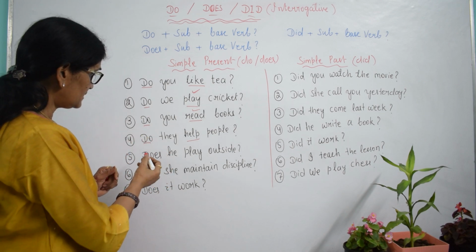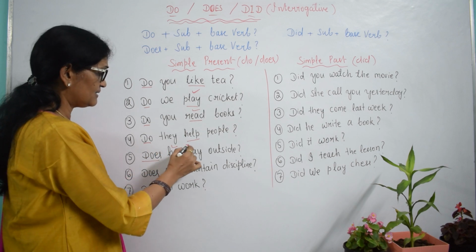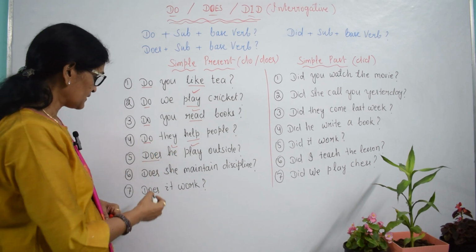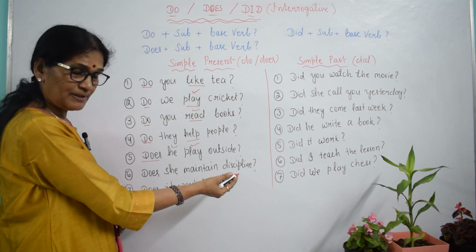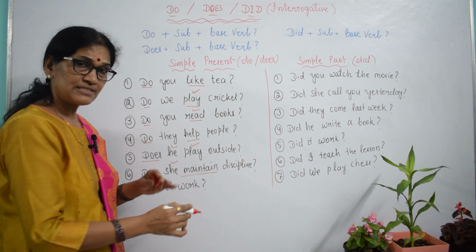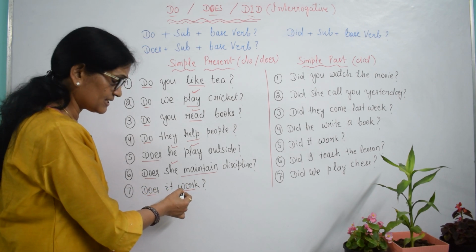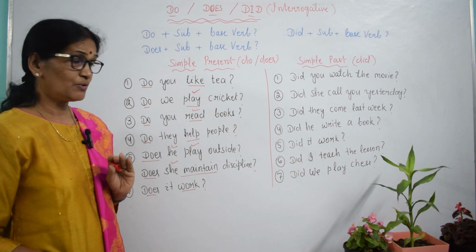Right? Then, does he play outside? Does goes with he and the verb is base form of a verb. Does she maintain discipline? Does goes with she and the main verb is in the base form. Does it work? Does, and work is the base form of a verb. What you get?